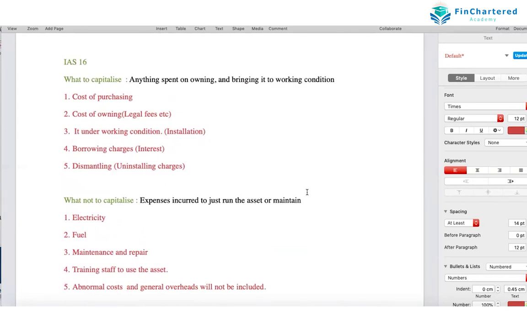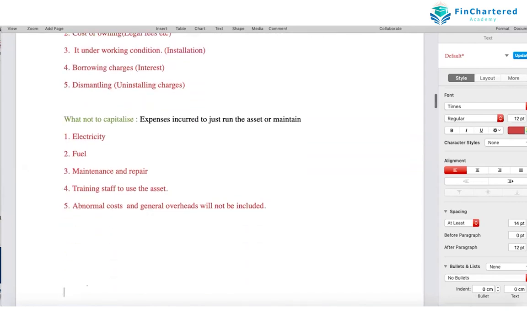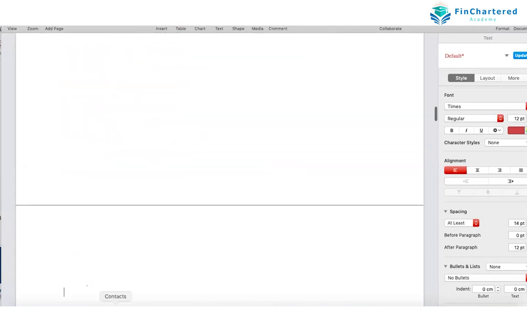Jitendra, you're right when you say that it's not included, but Satakshi will explain what an abnormal cost is, right? Abnormal cost is basically a cost that isn't expected because of some mistake. For example, you buy an AC, but the delivery guy drops the AC.